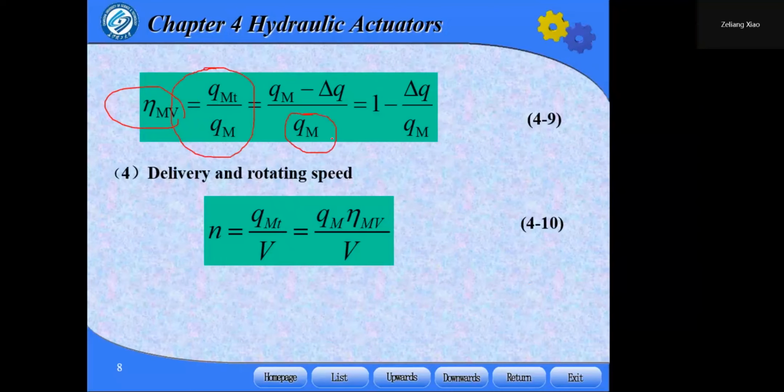This is the actual flow rate, and this is the theoretical flow rate, which equals the actual flow rate minus the leakage. You can get this expression. One divided by this one equals 1.